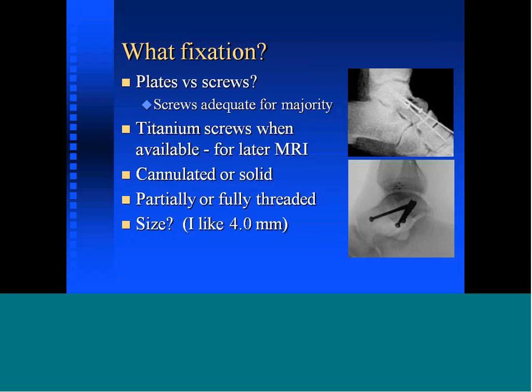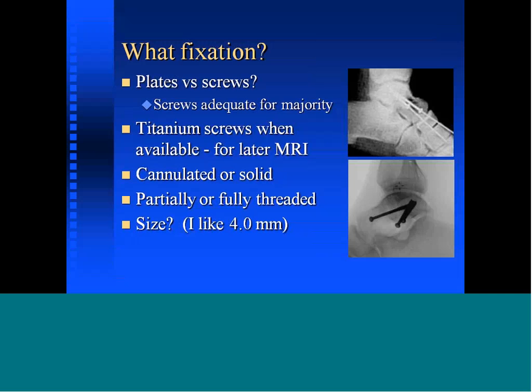I believe that the presence of titanium screws may be beneficial if you want to follow the fracture along with MRIs. I do not have much of a preference in regard to cantilever or solid screws, although I do find that cantilever screws are beneficial in allowing for initial fixation with the guide wire, making certain that your alignment is good before placing the screw itself.